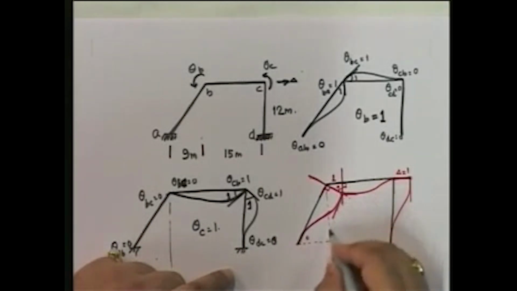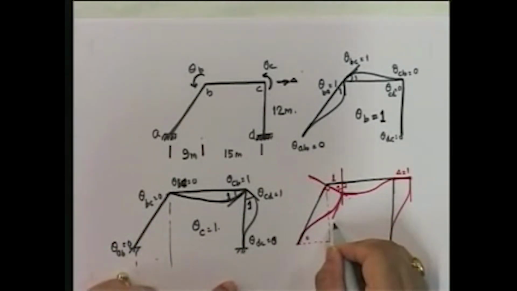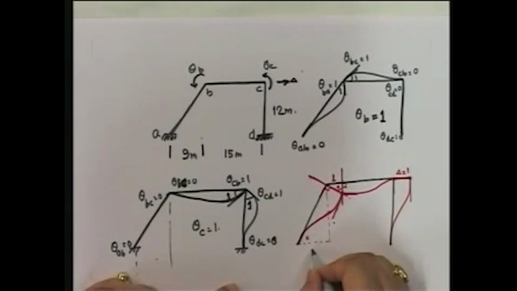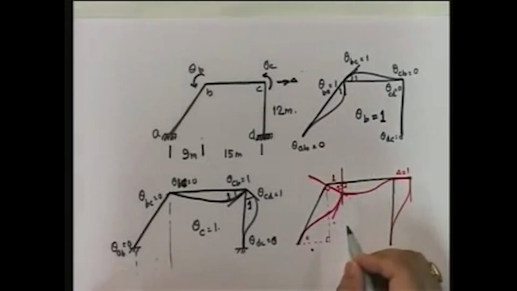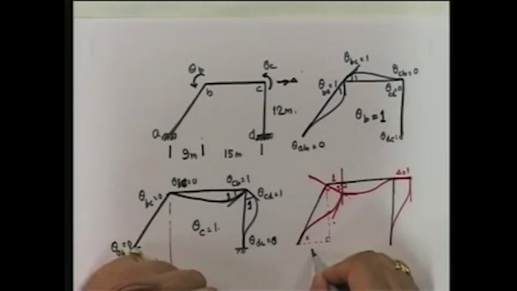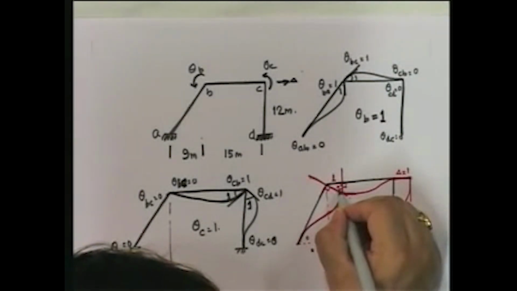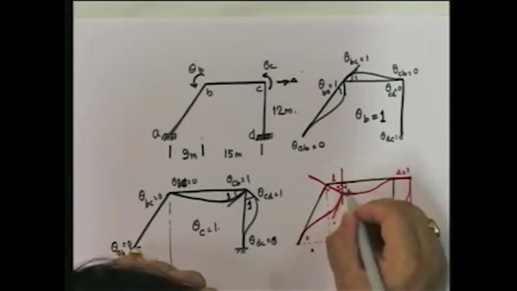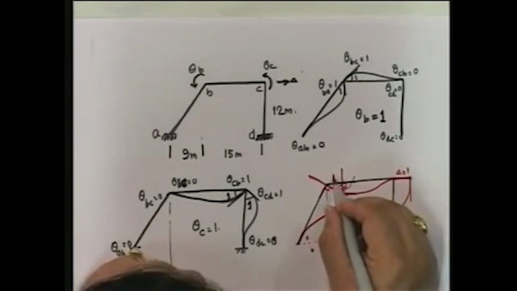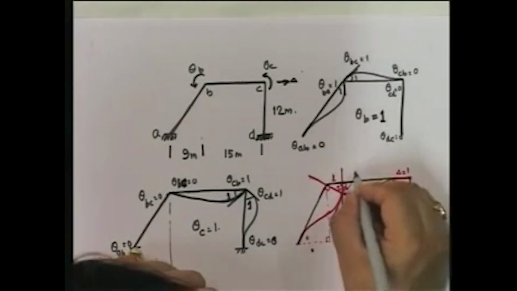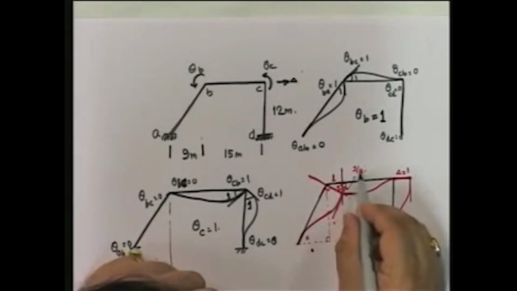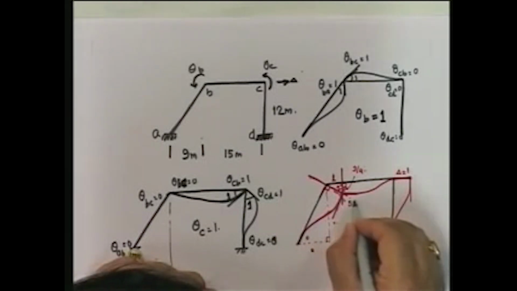If you look at this, this is 12 and this is 9. Since this is 90 degrees and this is 90 degrees, tan theta is equal to 12 by 9. So here also tan theta is equal to this by this. So what is this equal to? This upon this is equal to 12 by 9, so this is equal to 9 by 12, which is 3 by 4. If this is 1 and this is 3 by 4, you will see that this is equal to 5 by 4.